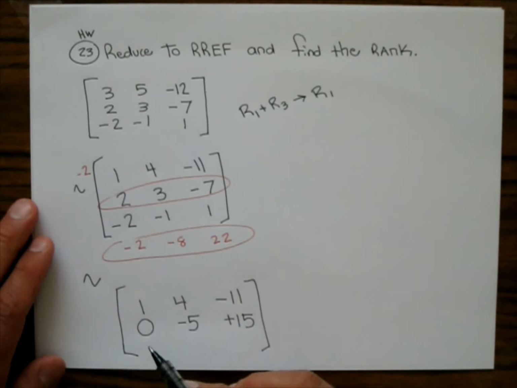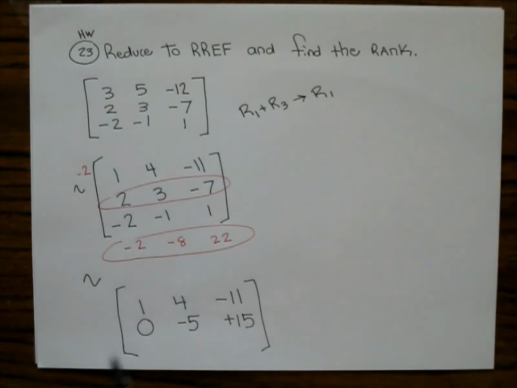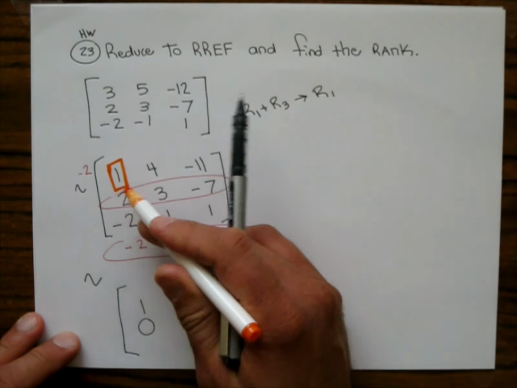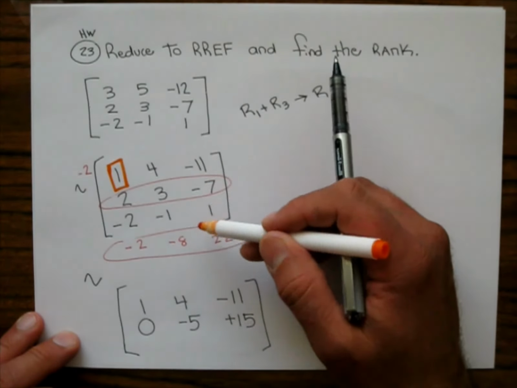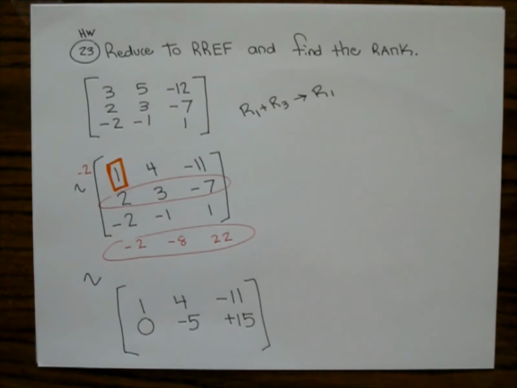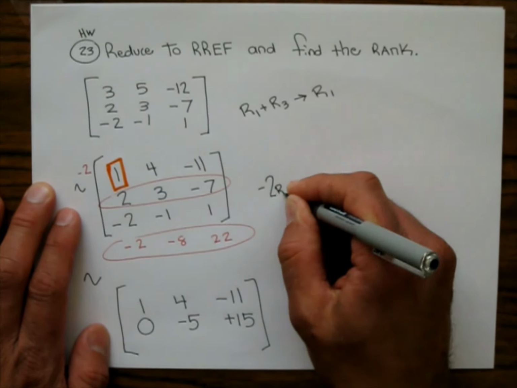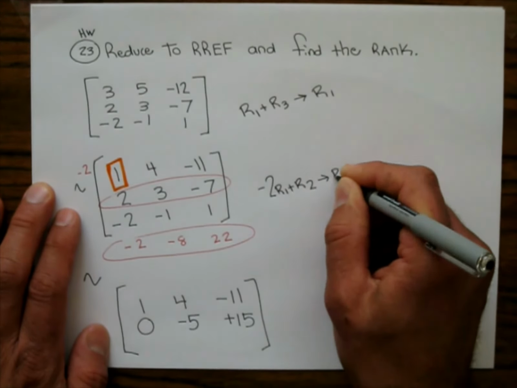Then there's a few things I could do. I could use the 1 as a pivot and multiply row 1 by a positive 2. Or what's really tempting is to add row 2 with row 3 and get that really quickly. So I'll just write down what I'm doing here. 2 row 1 plus row 2 gives me the new row 2.